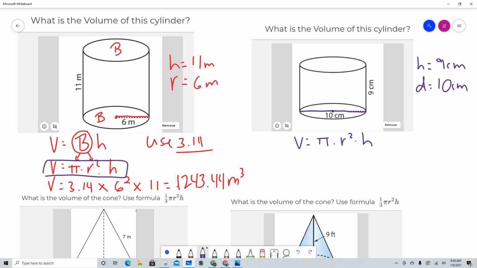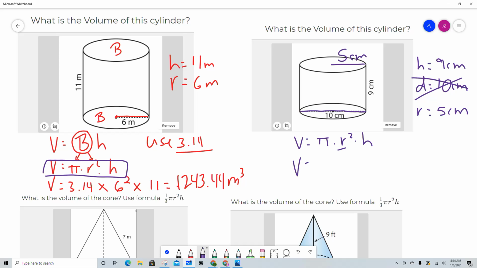So what we need to do is divide 10 by 2 so that we can find the radius. The radius goes from the center to the edge. So 10 divided by 2 is 5 centimeters. So the radius is 5 centimeters. The reason we had to find the radius is because radius is in the formula, not the diameter. So we're not going to use the 10 anymore.